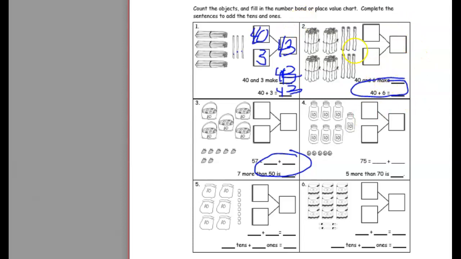So let's go ahead and do the next one. 10, 20, 30, 40.